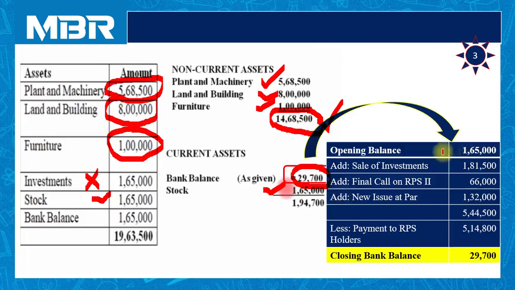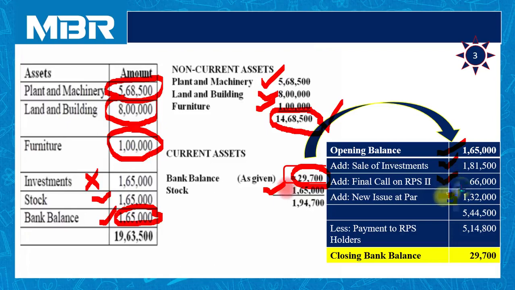Just check over here. Opening balance given to us on the asset side of the balance sheet, 1,65,000. Now simply recall the transactions and add or subtract as per the requirement. We have sold our investment and received rupees 1,81,500. Then we have received 66,000 rupees on final call from RPS 2.